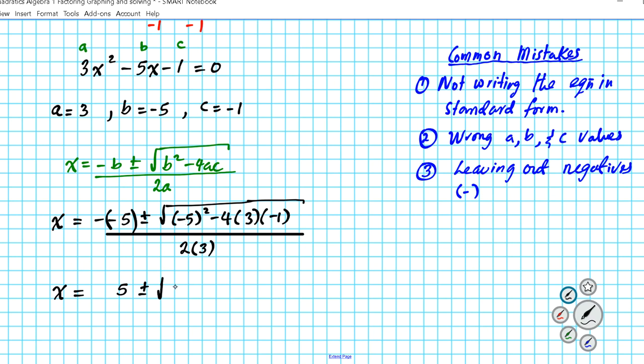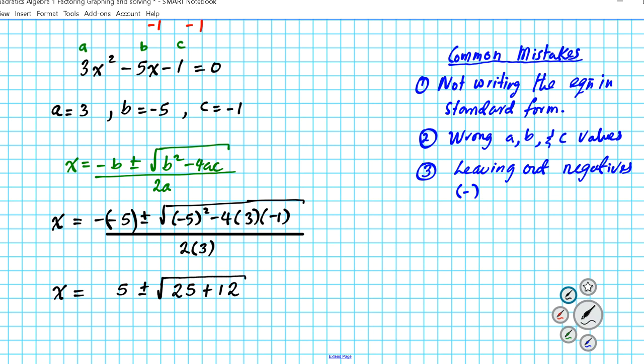Quantity negative 5 squared is going to be positive 25 minus, and then you can multiply this. 4 times 3 is 12, and then 12 times negative 1 is negative 12, and then these 2 minuses, you multiply them together, so that becomes a 12, and then you have a 12 right there.